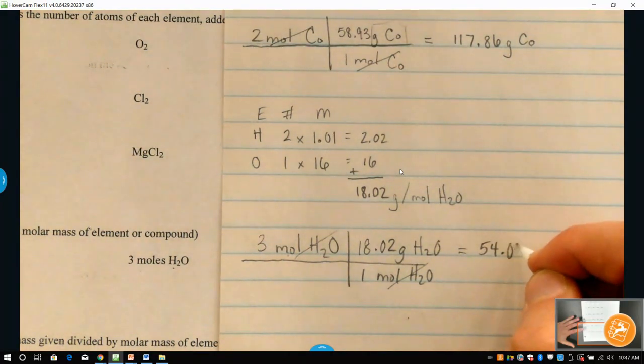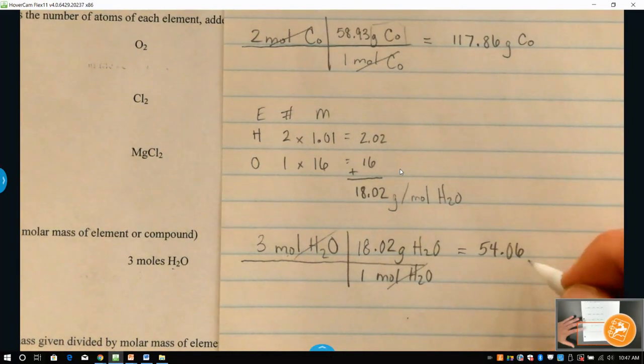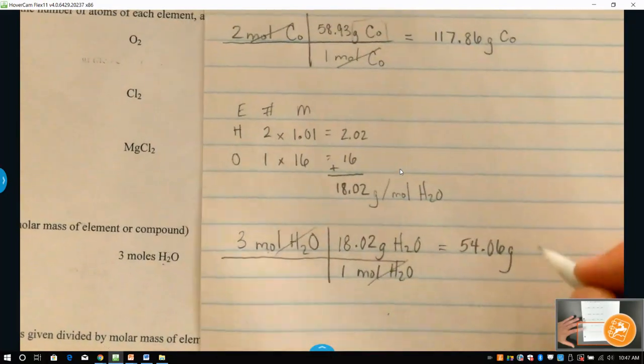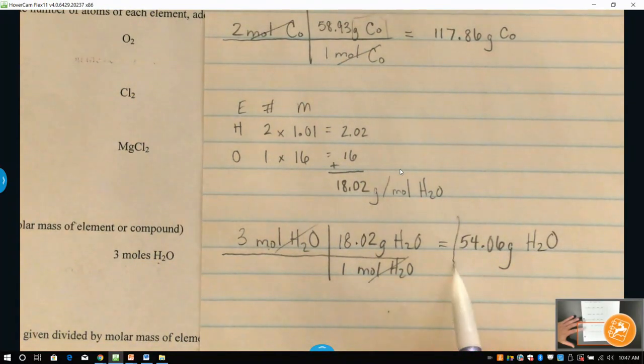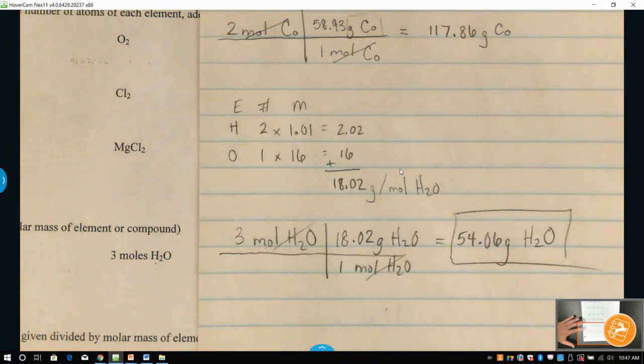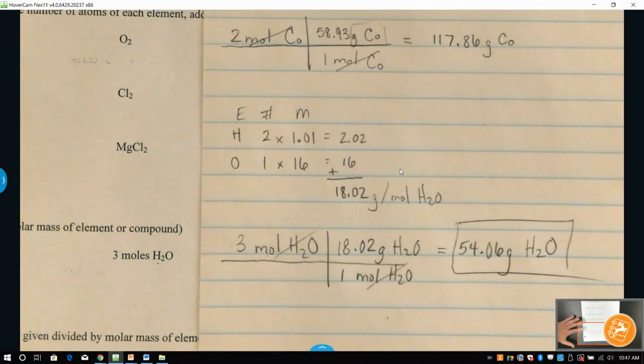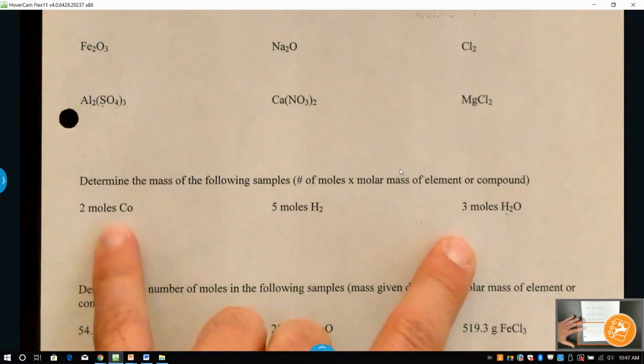We rounded to 2 decimals, and then it would be grams of our element or compound. Bam. So that is your third section here.